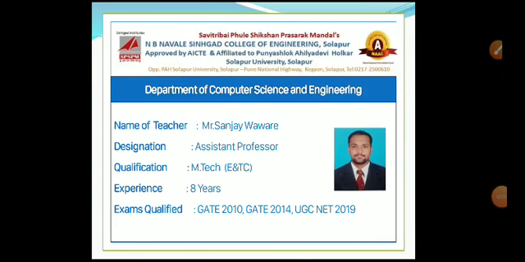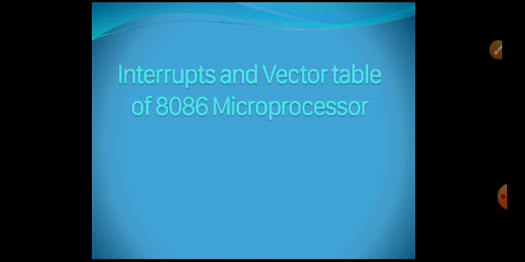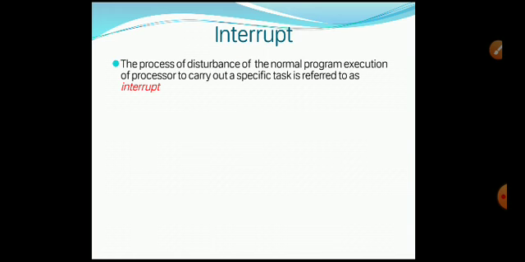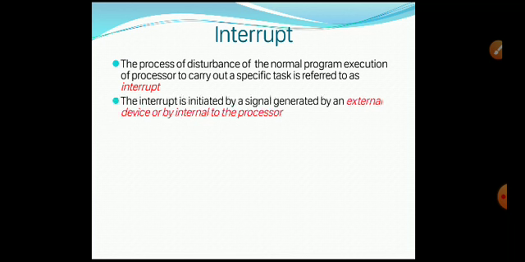In this video we are going to discuss the interrupts and vector table of the 8086 microprocessor. So first of all, what is an interrupt? It is a process of disturbance of the normal program execution of the processor to carry out a specific task, and this is referred to as an interrupt.